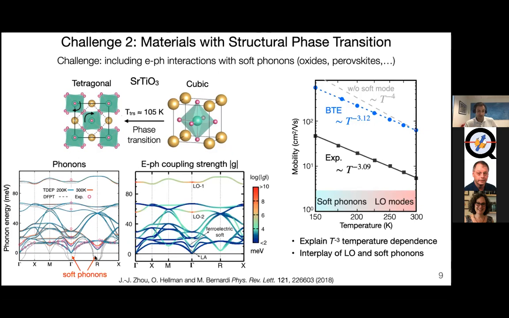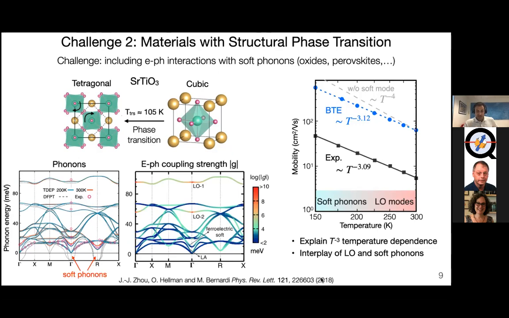You see here they have these imaginary frequencies, which are shown as negative here. And so therefore, we're not able to quantify the coupling with the soft phonons and their effect on transport.